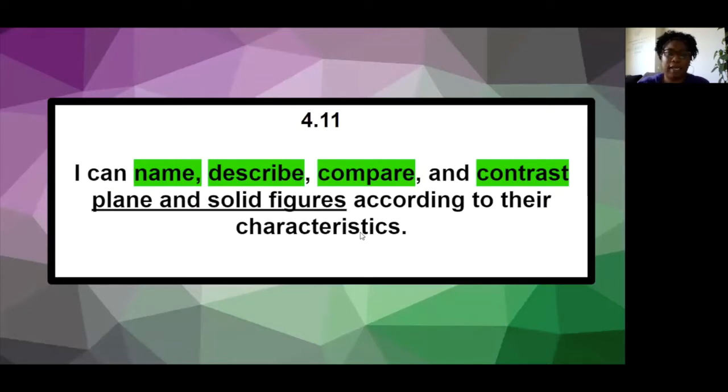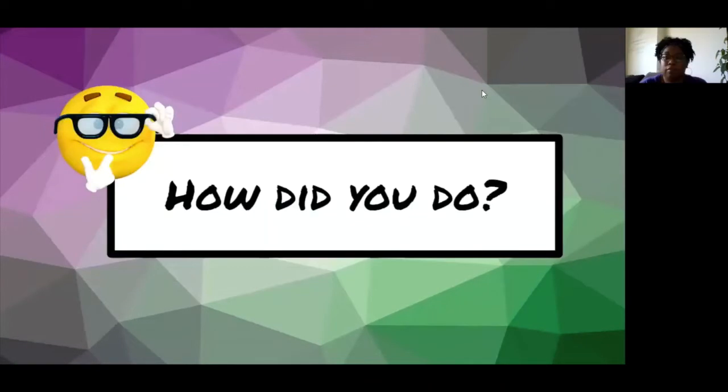And what's a synonym for characteristics? I can't hear you. Attributes. Yes, yesterday we learned all about the word attributes, and that's another name for its properties or characteristics.